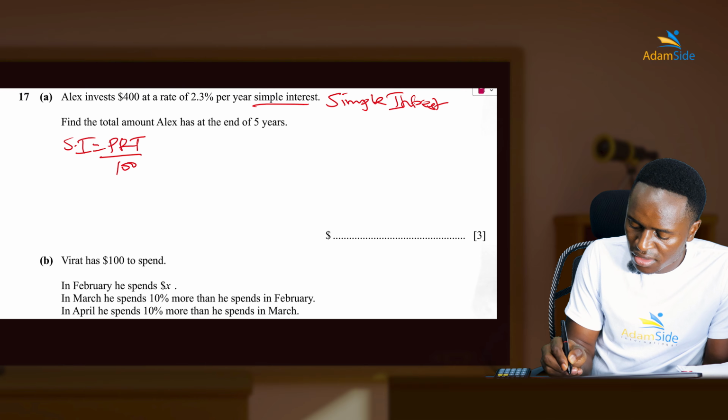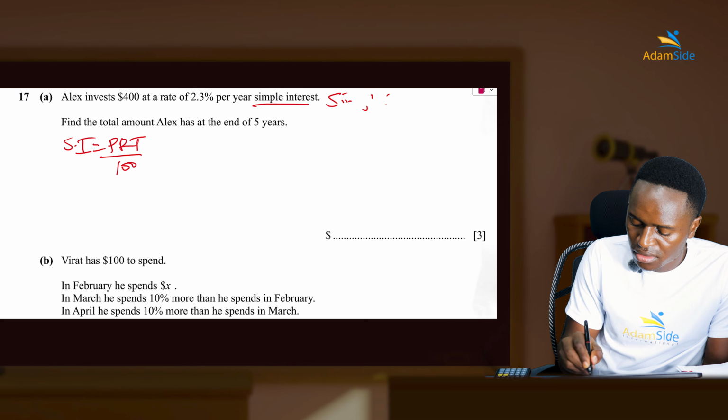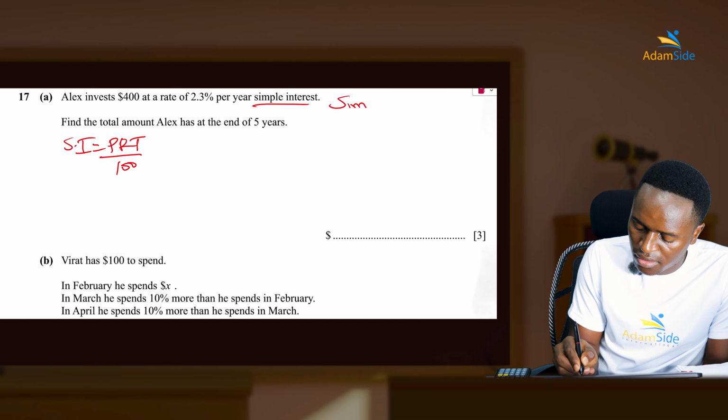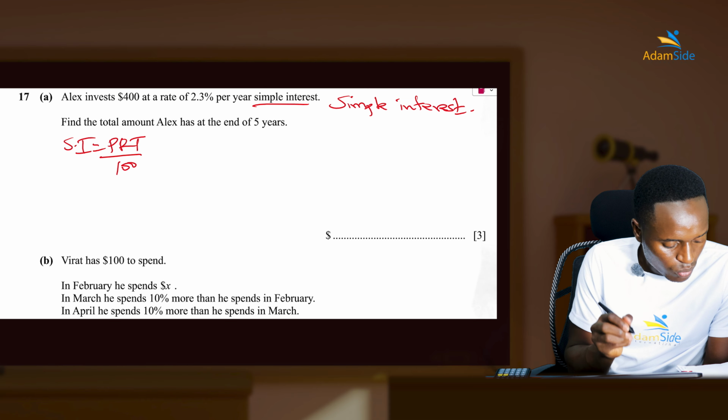As the topic suggests, it's money. So simple interest is principal times rate times time over 100.